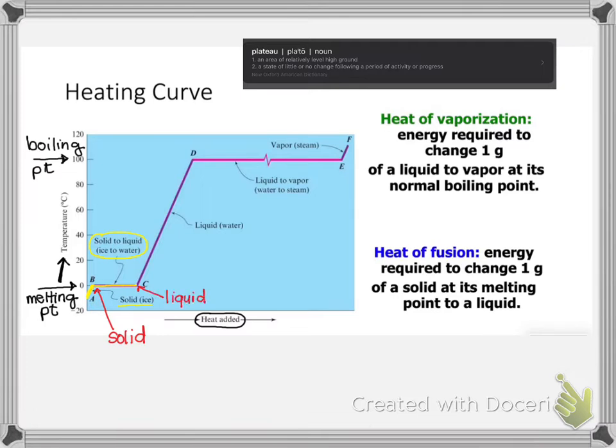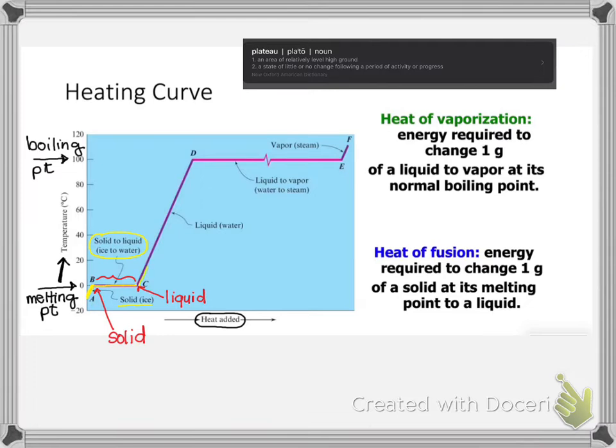And in between B and C, there would be both things present. So one thing to remember is at these plateaus, what it's telling us is as long as two phases of the substance are present together, the temperature does not change when you add heat. Once the phase change is complete, so for example, the solid has completely changed to a liquid, then as we add heat, the temperature will start to increase again.